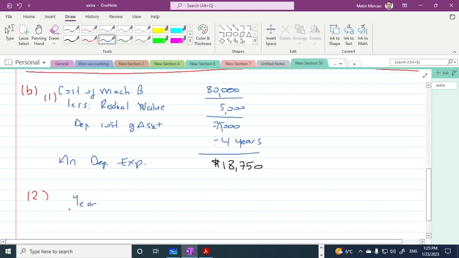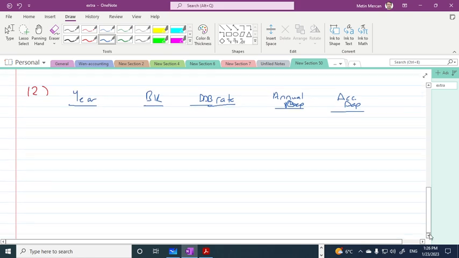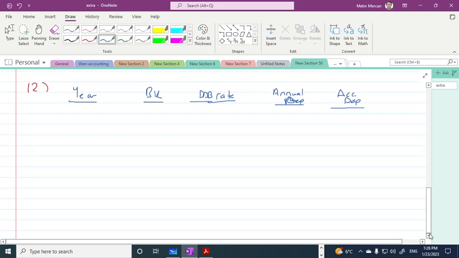We have the year, the book value at the beginning of the year, the double depreciation rate that we need, then we will find the annual depreciation and accumulated depreciation. So let's find this one.